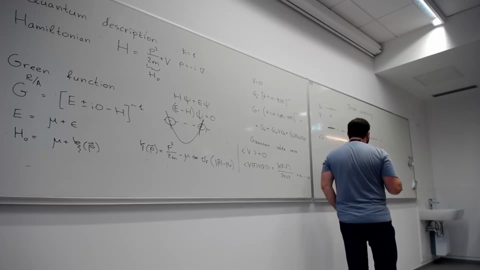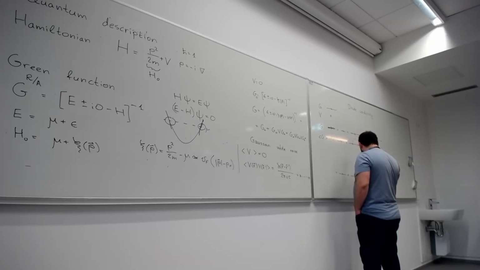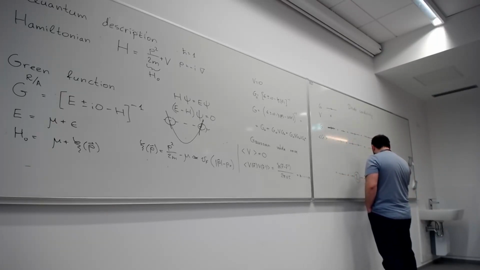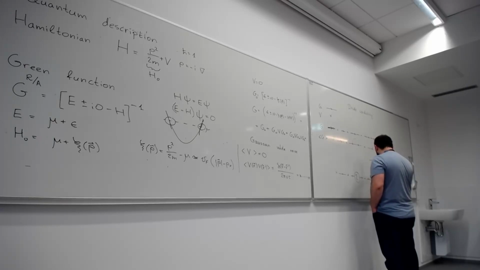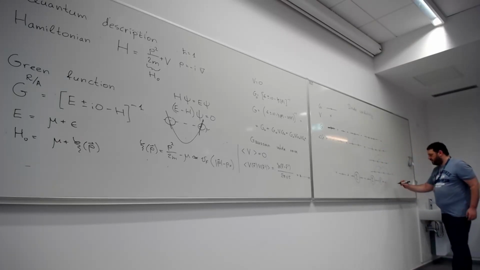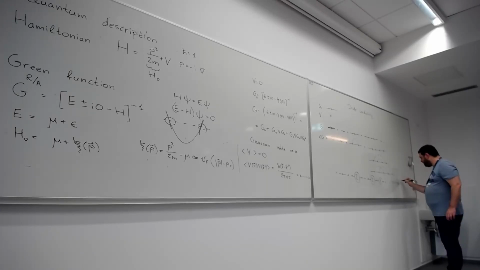I can also represent the same average Green function using something that is called the self-energy: G equals the inverse of epsilon plus or minus i0 minus xi of p minus sigma.